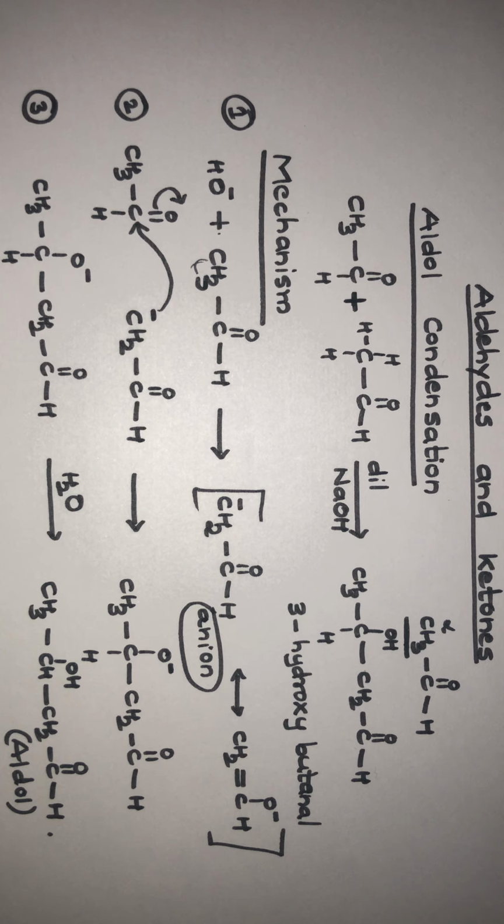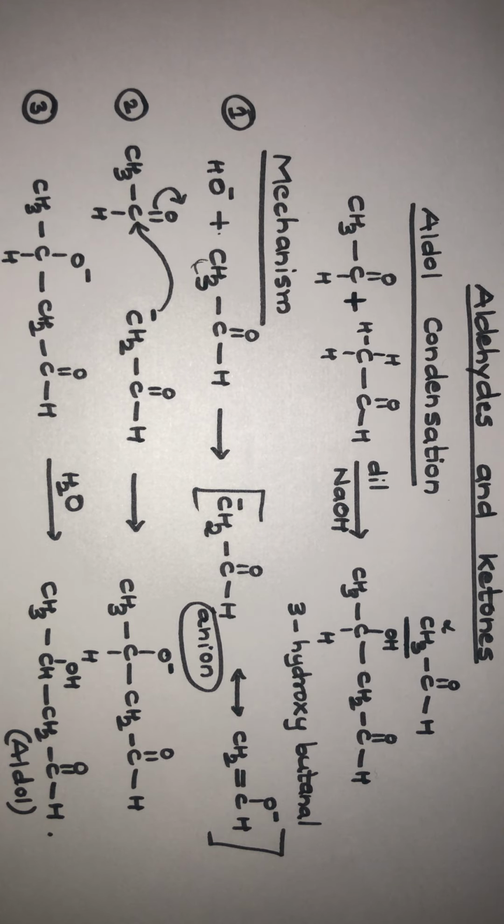Aldol condensation is shown only by those molecules that contain at least one alpha hydrogen. If the molecules do not contain alpha hydrogen, then they undergo the Cannizzaro reaction.